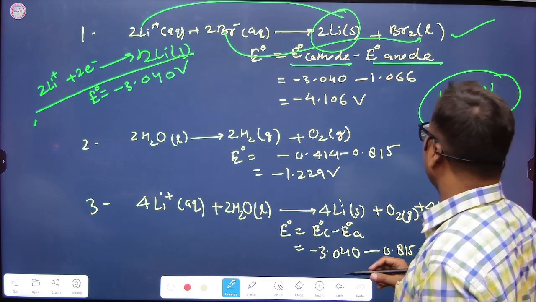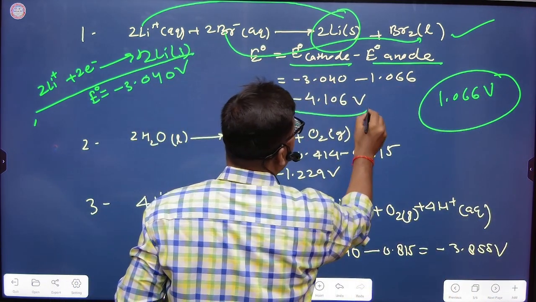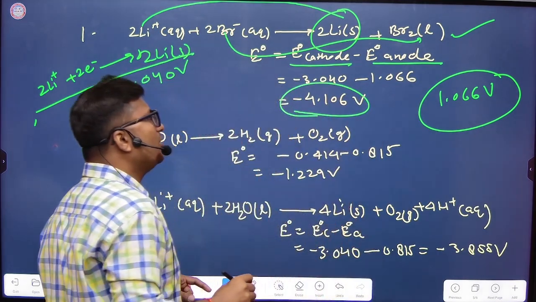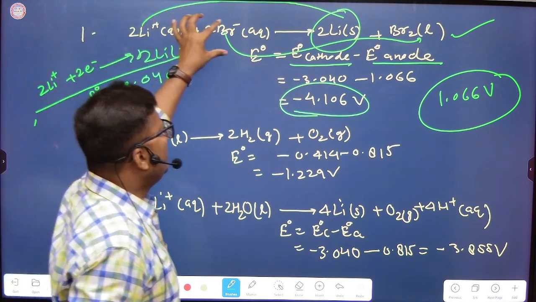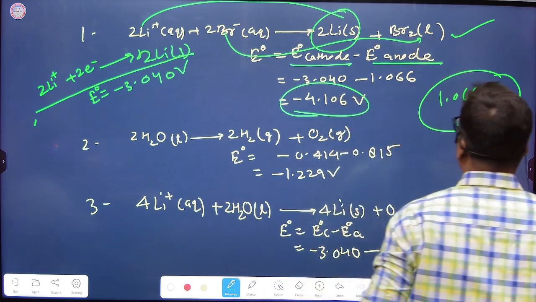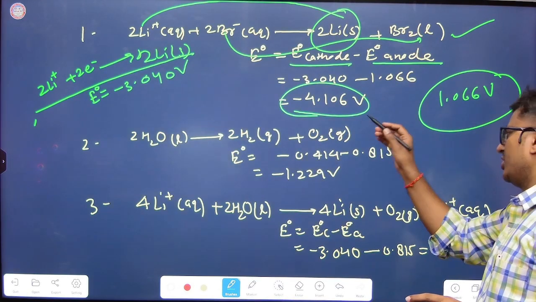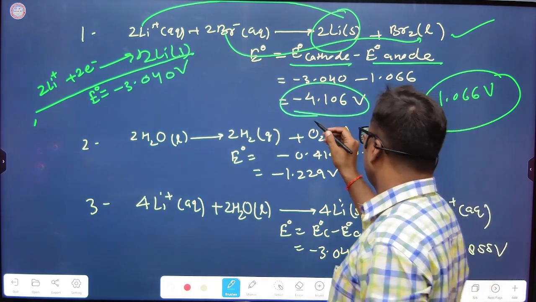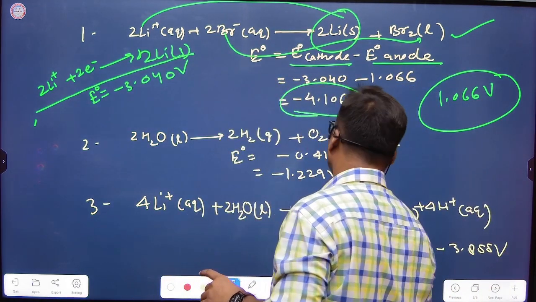So overall the cell potential is minus 4.106 volt. Again it is a negative quantity, which signifies that such reactions are thermodynamically non-favorable, or non-spontaneous, because it has a negative potential. It has a very high negative potential, that is minus 4.106 volt, right?